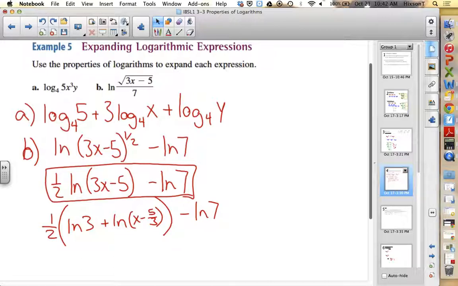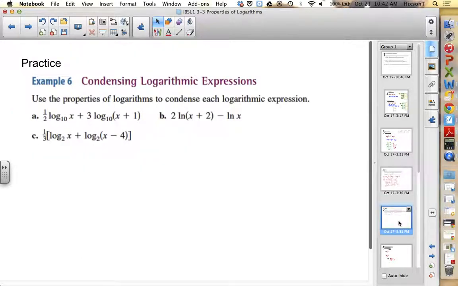Okay, let's do the same thing, except condense. So here's 3 of them to condense. You should be able to write each of these as 1 logarithm. Condense it all the way down to 1 logarithm.